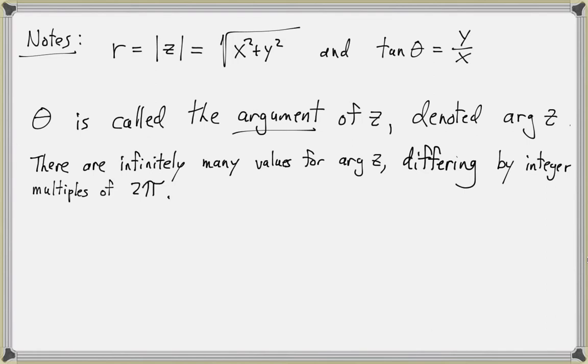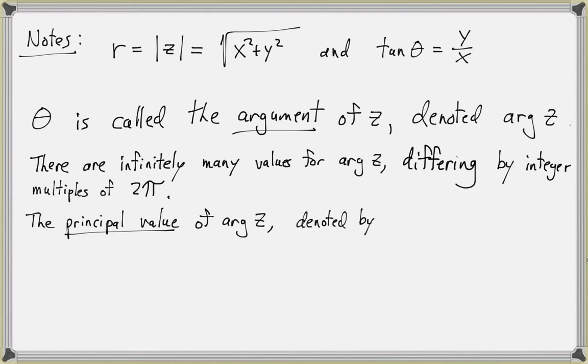So we're going to single out a single value of the argument of z and call it the principal value of argument of z. And we're going to denote this by a capital A, Arg of z.